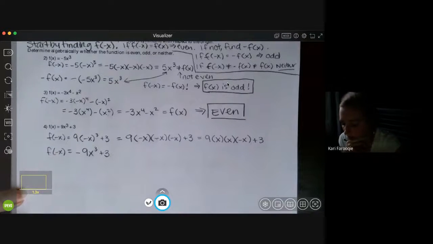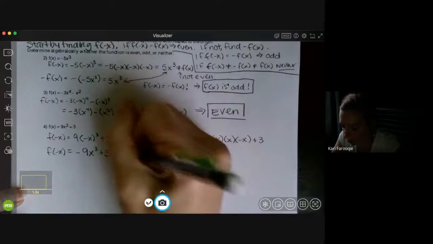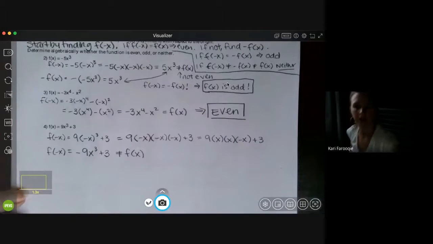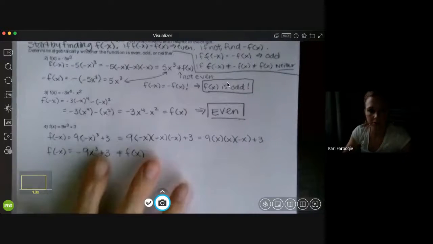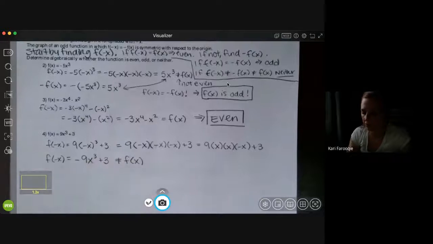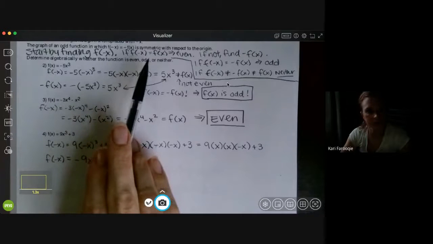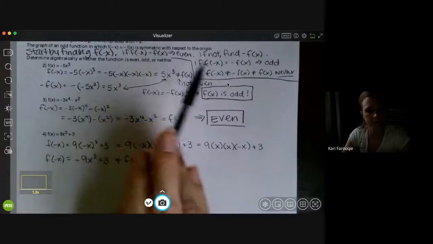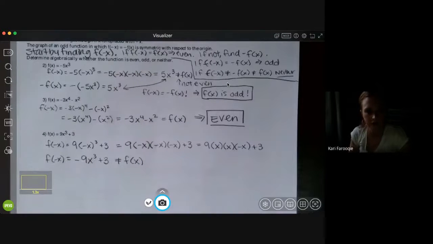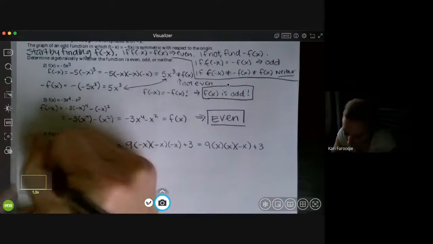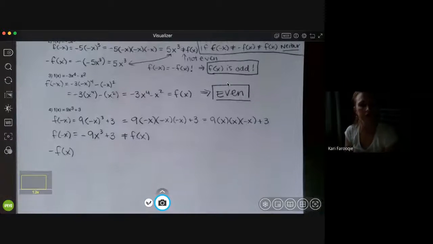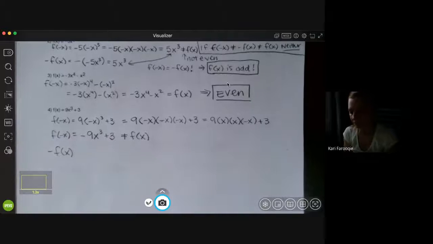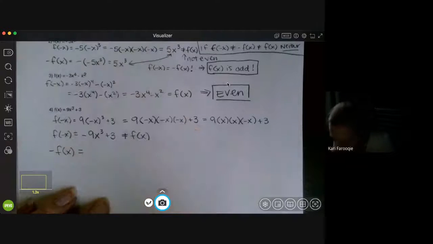Now, f of negative x does not equal f of x. When that happens, we have some guidelines. If f of negative x equals f of x, it's even. If not, find negative f of x. So that'll be our next thing that we're going to do. We're going to look for negative f of x.